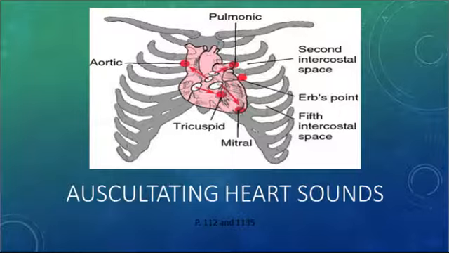Your second heart sound, or your S2, is the closure of your semilunar valves. Your semilunar valves are the ones that pump from your ventricles into your pulmonary artery and aorta.